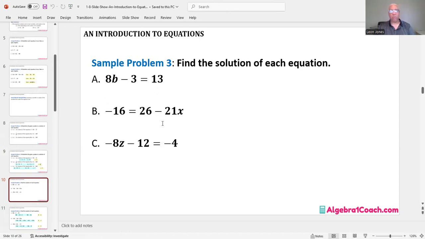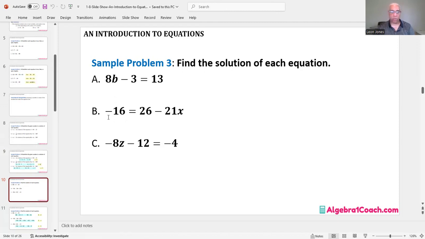Now, what about this one right here? Minus 16 equals 26 minus 21x. Now, there are ways that you can skin a cat with that one. Now, for me, I'm going to go ahead and multiply both sides by -1, which is going to give me 16. I'll tell you why I did that in a minute. Because I'm going to clear the negative sign for 2 parts of the equation.